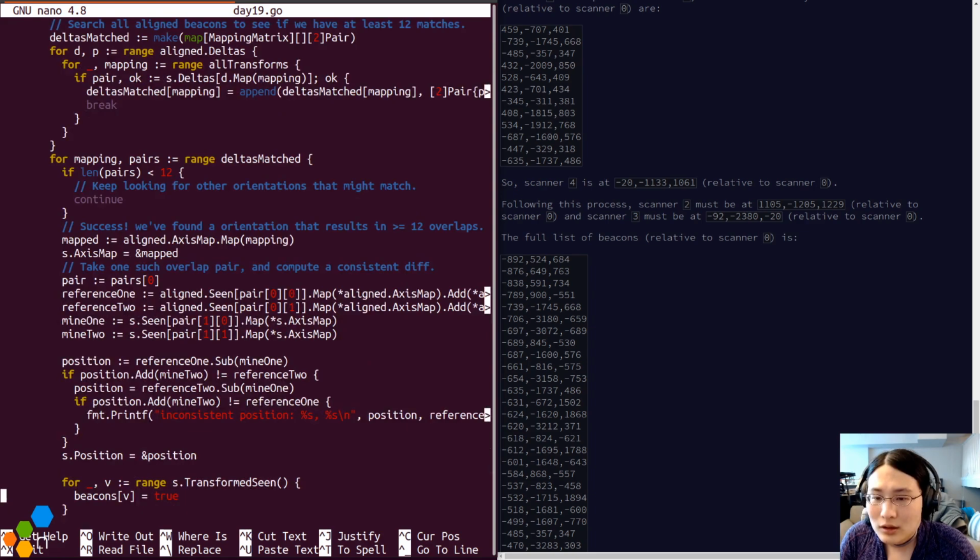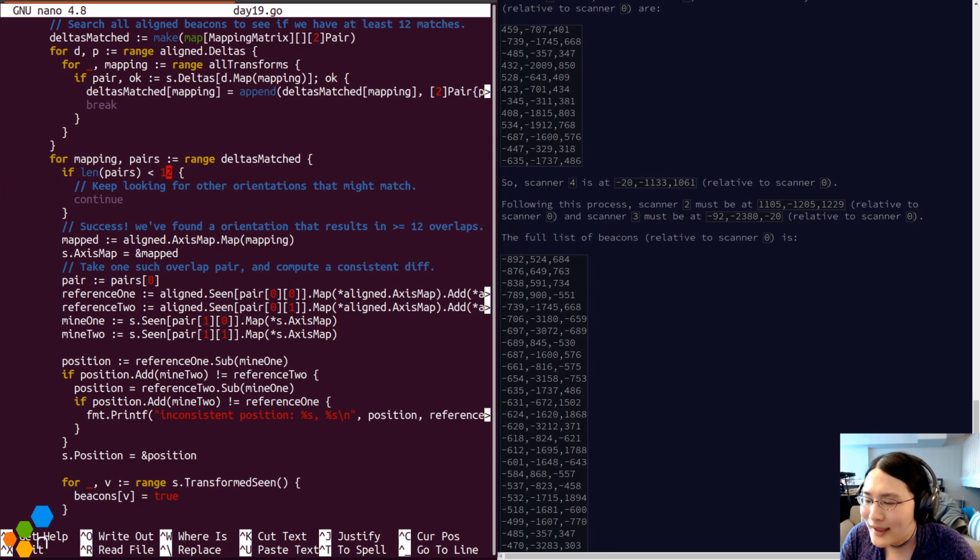Specifically, this here is an undercount, right? We actually need to have at least 12, not just pairs that line up, but 12 unique points that all line up. It is possible to incorrectly trip this.